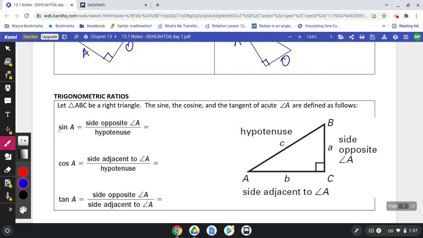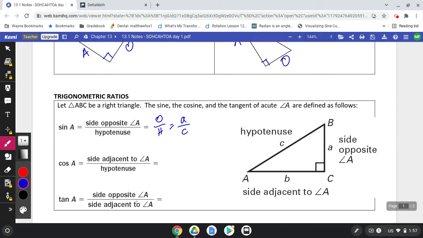So the sine of A is the side opposite of angle A divided by that hypotenuse. Our hypotenuse is the little c. Opposite of the A would be right here. So remember we said opposite over hypotenuse, which in our case is little a over c. Now this little a over c only works for this picture. If it's a different picture, it'll change things. But our next one, the side adjacent over the hypotenuse.